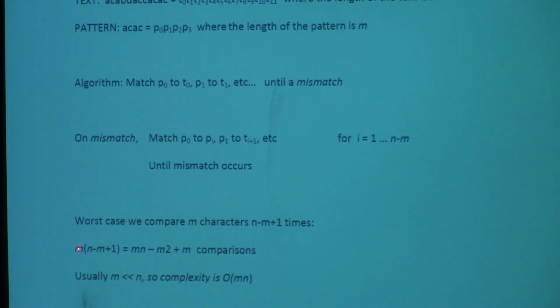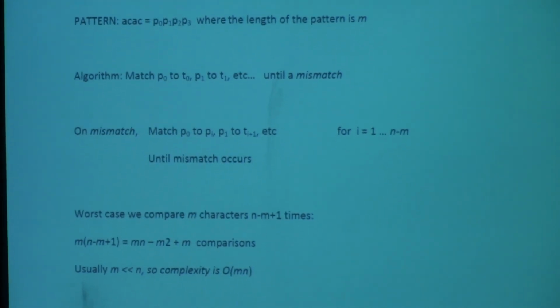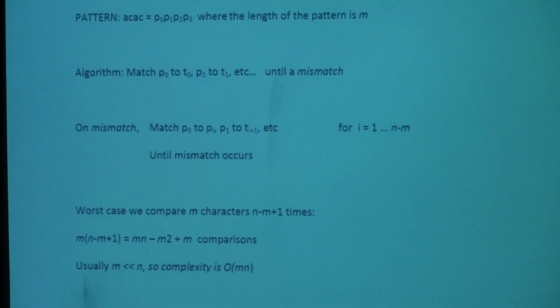So therefore, we have m times this, which is mn minus m squared plus m comparisons. Usually m is much smaller than n, because the pattern is usually much smaller than the text we're searching through. So therefore the complexity could be essentially quadratic, mn.